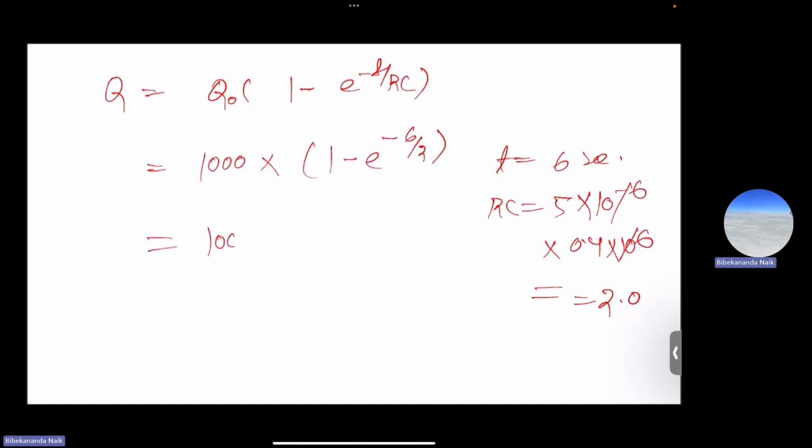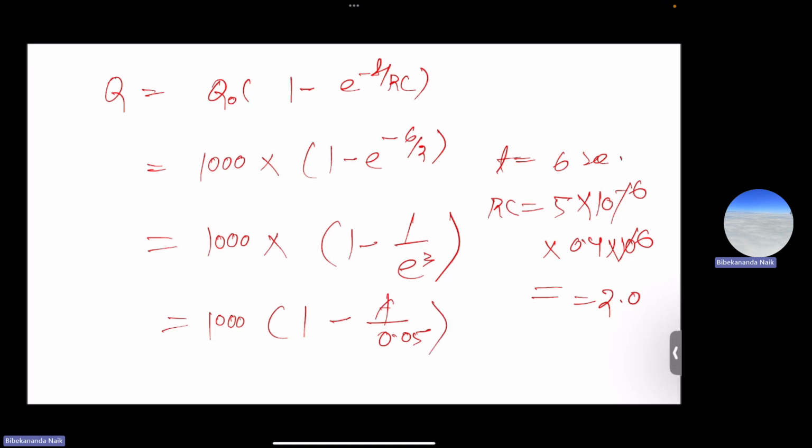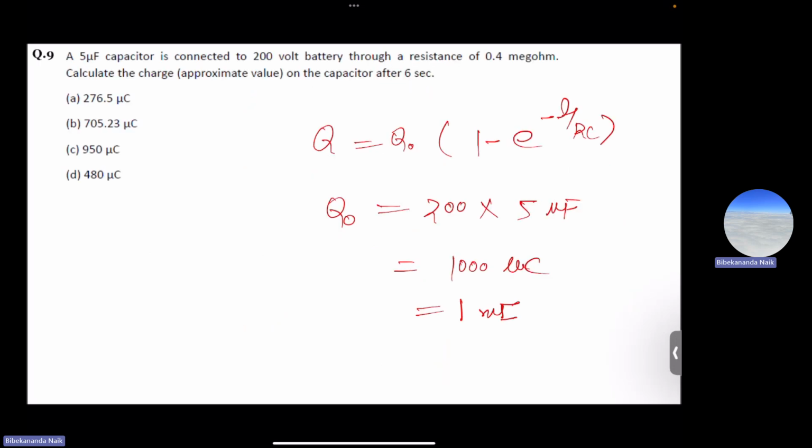So it is 1000 into 1 minus 1 by e cube. So it will be 1000 into 1 minus 0.05, which is 950 microcoulomb. So the correct option is option C, 950 microcoulomb.